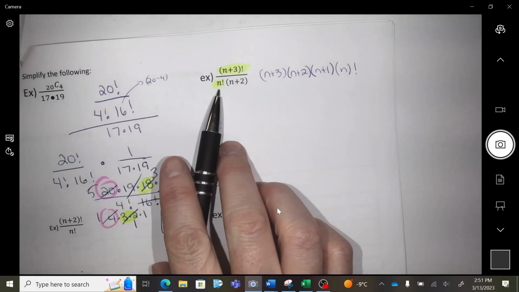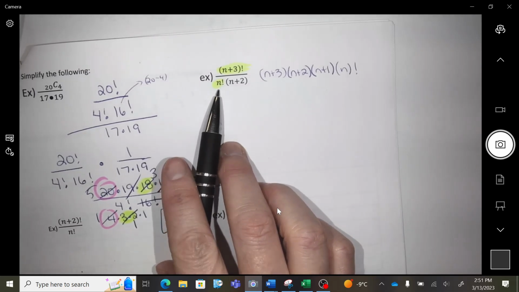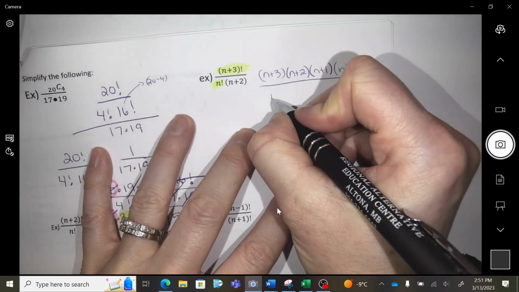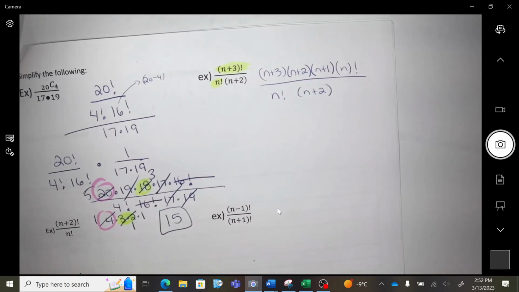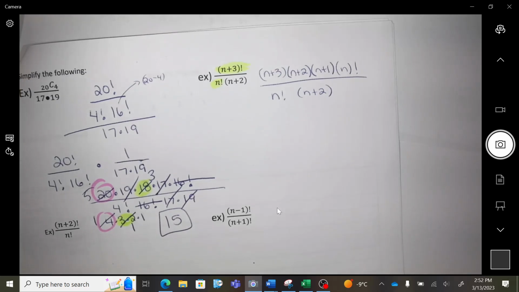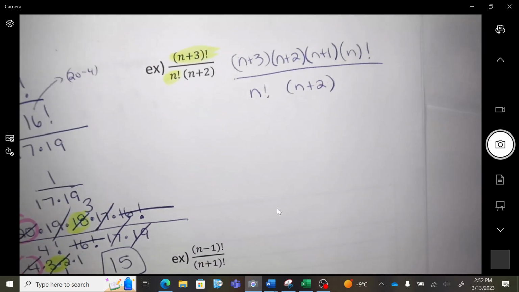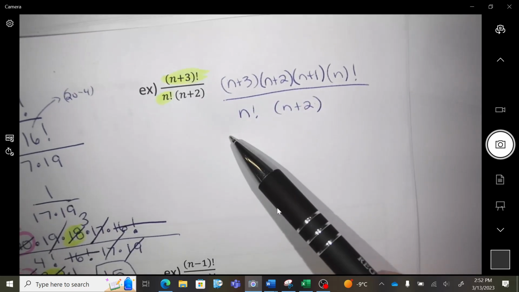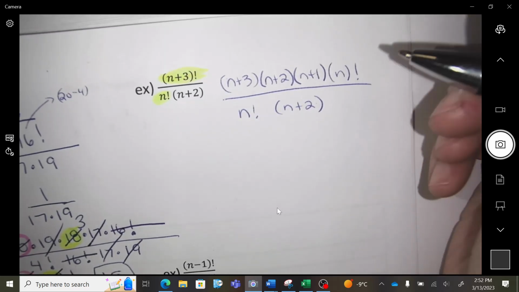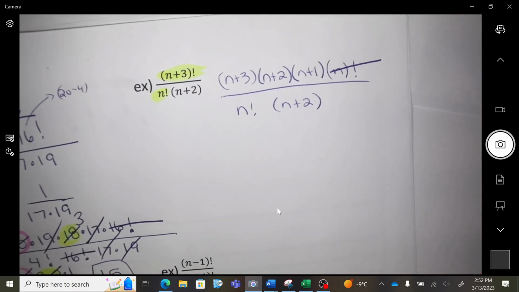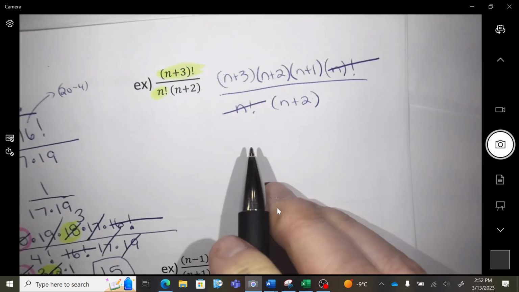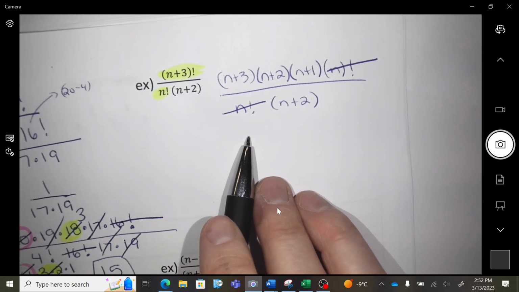Why did I know to stop there? Because it's when I get to the matching of the other one. This is all still the top. Yep. Okay? So expand, expand, expand until you hit your other factorial that you see. So that and beyond would cancel all of that and beyond.